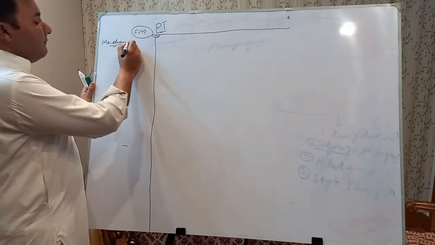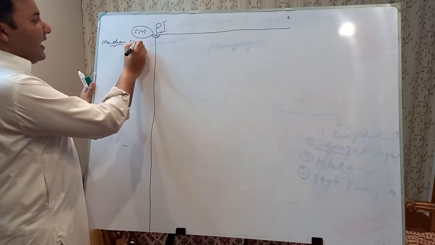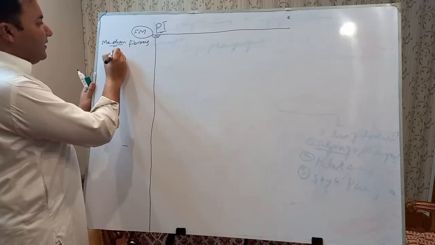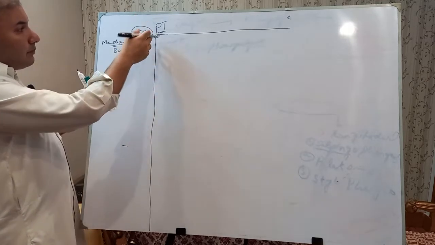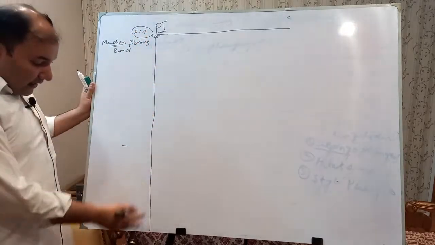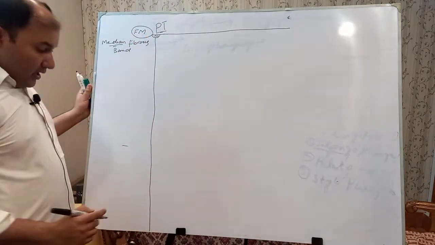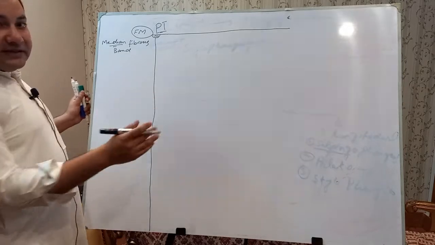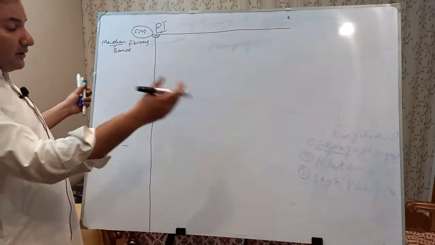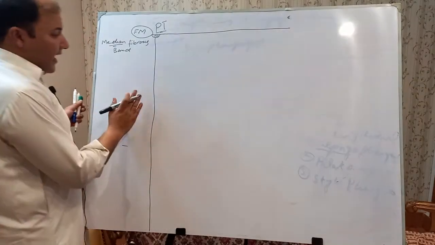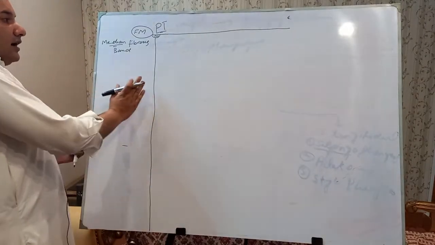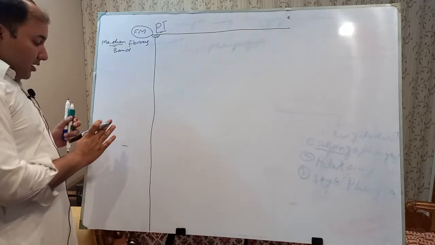So we have a median fibrous band which starts from the pharyngeal tubercle and goes down into the neck along the pharyngeal muscles, where six are present on this side and six on the other side.